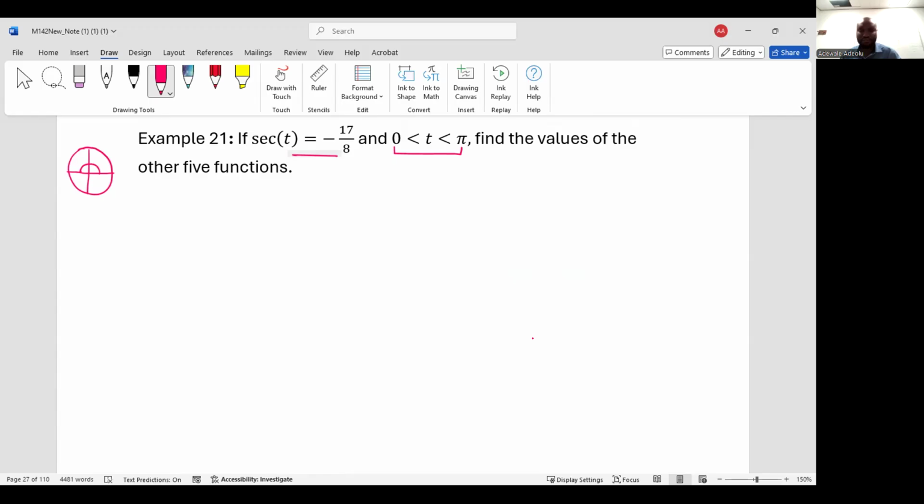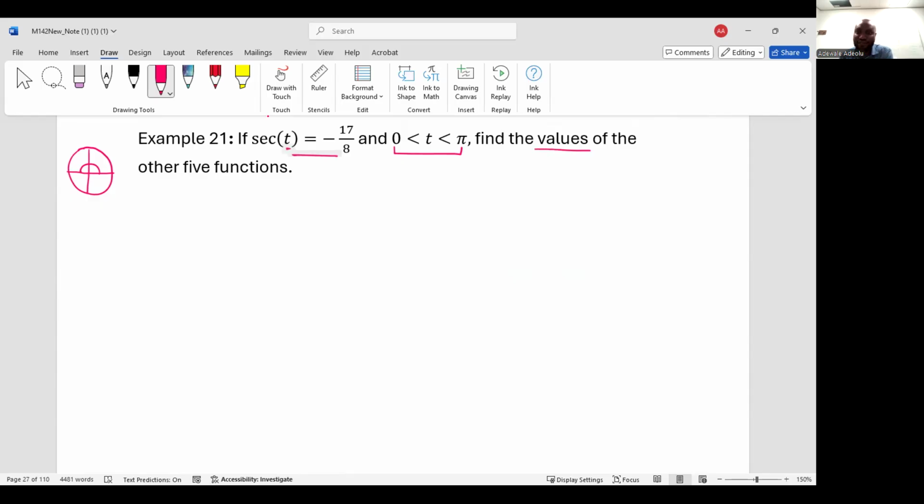That is where t is. Secant of t is negative 17 over 8. You should be able to know where our angle is, definitely. Because, look at it, okay? I will hold on to that for now.